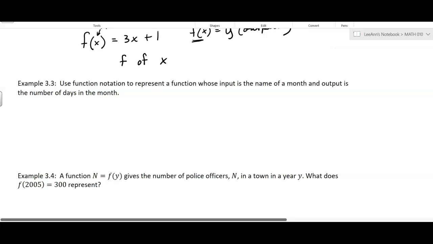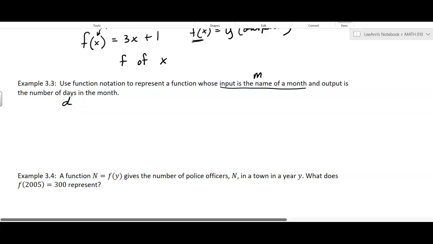All right, but they give us some examples here. It says, use function notation to represent a function whose input is the name of the month. We're going to use m for the name of the month, and then the output is the number of days in the month. So the output is going to be d.